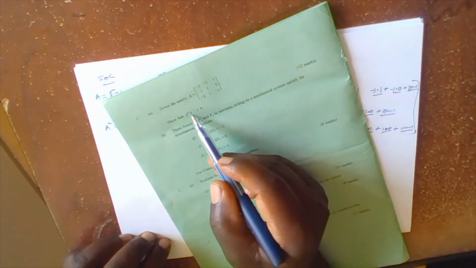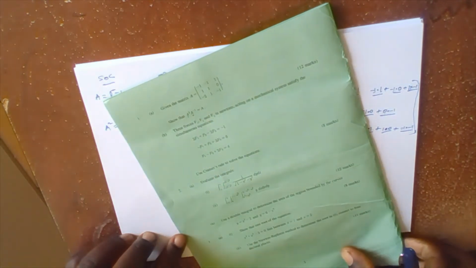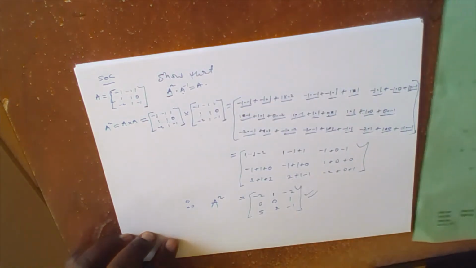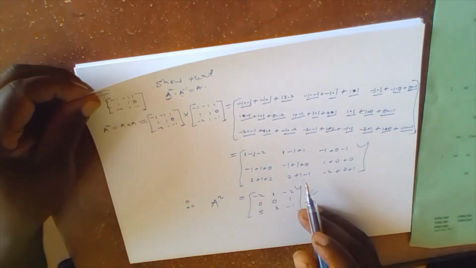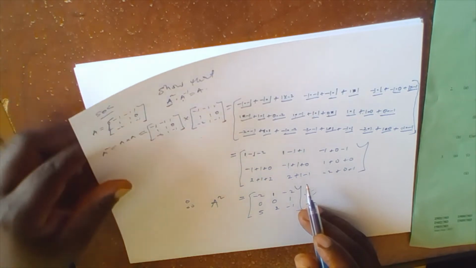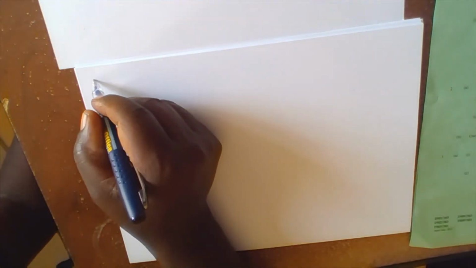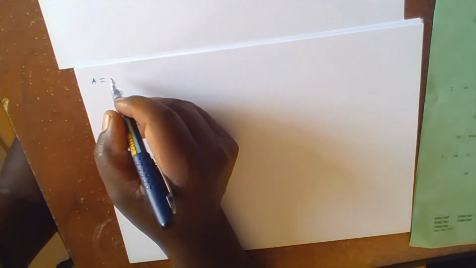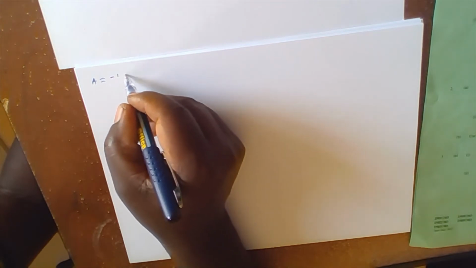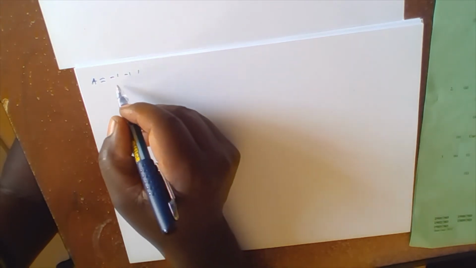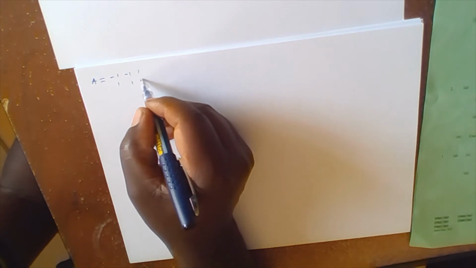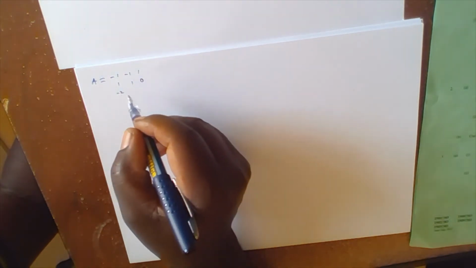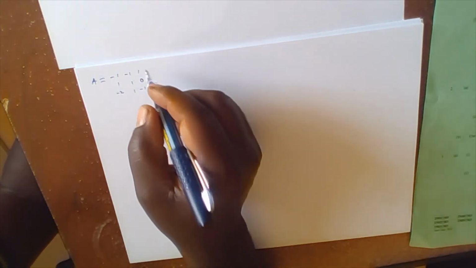Now that we have a squared, we now need to get the A inverse. Now, A equals negative 1, 1, 1, 0, negative 2, 1, negative 1.